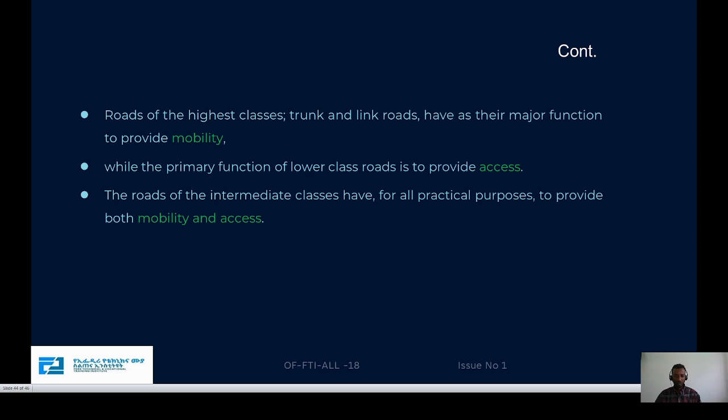Well, the primary function of low classes like feeder roads is only to provide access, for example for markets and residential areas. The intermediate classes, like link and collector roads, provide for both mobility and access.